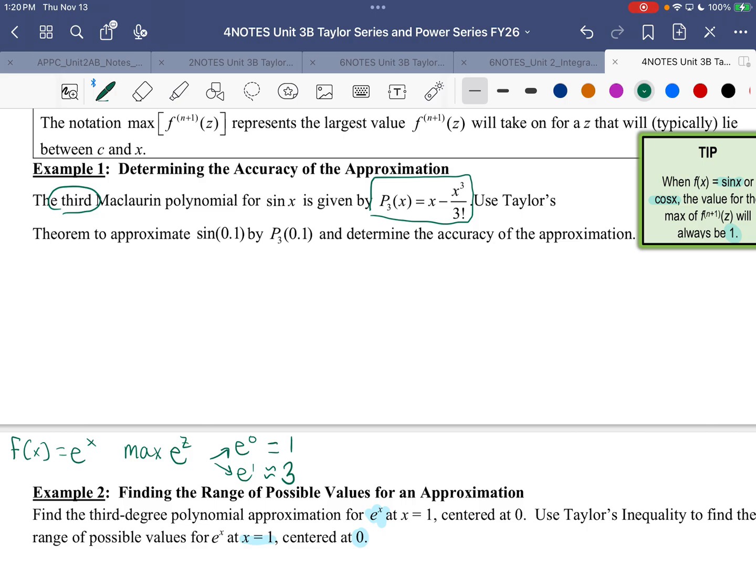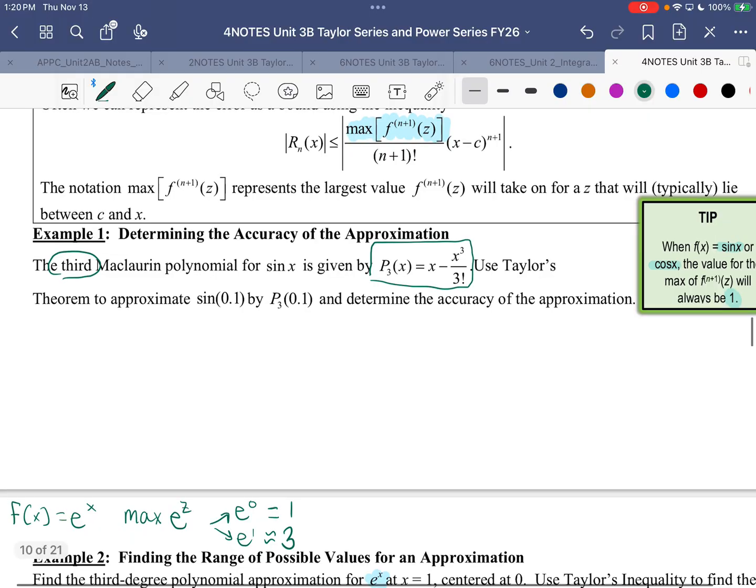Use Taylor's approximation to determine the accuracy of your approximation. The accuracy of our approximation is found by finding the remainder. So you get the remainder, and however many decimals until the first non-zero term tells us how accurate it is.